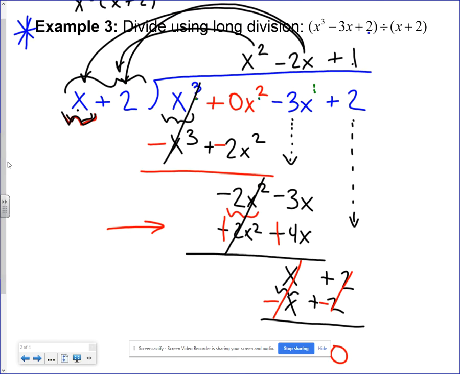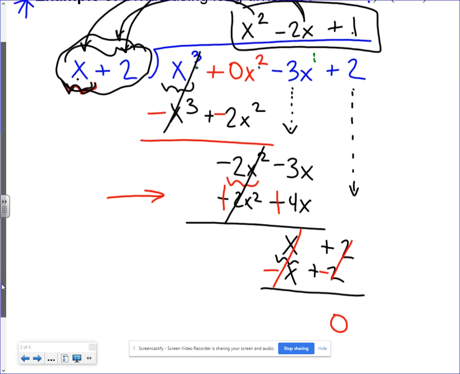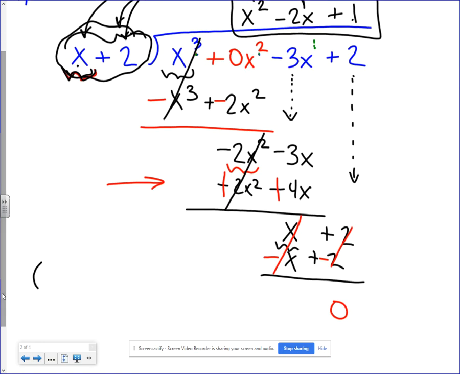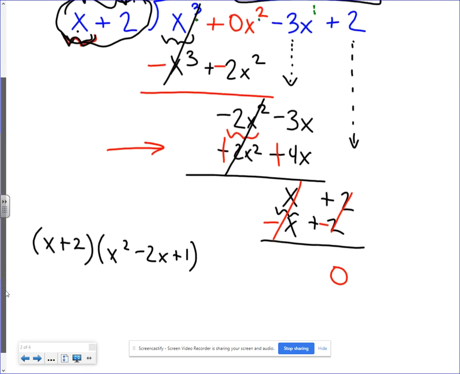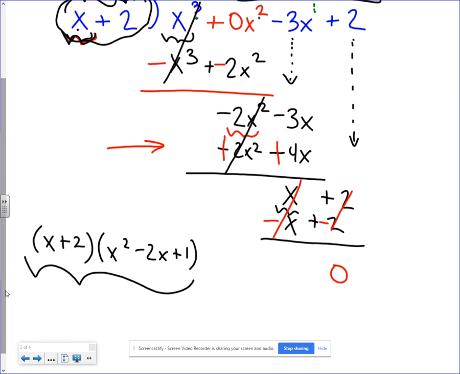So my answer is just x squared minus 2x plus 1 with a remainder of 0. When a remainder of 0 happens, what that actually means is the thing that I was dividing by is a factor of it. So using long division is another method for factoring. What that means is if you took x plus 2 and multiplied it by x squared minus 2x plus 1, you would get x cubed minus 3x plus 2.